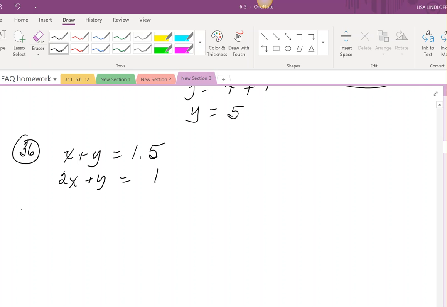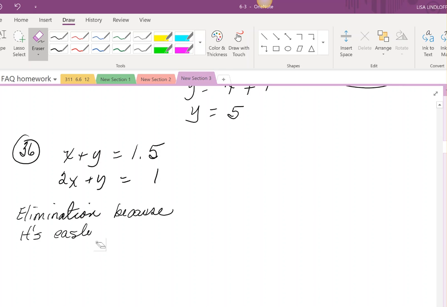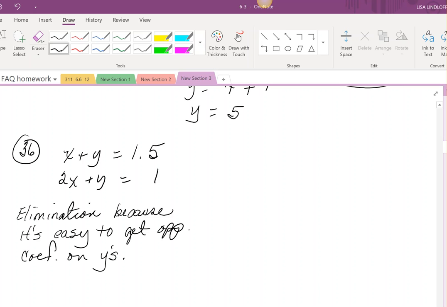I'm going to choose elimination because it's easy to get opposite coefficients on the y's.